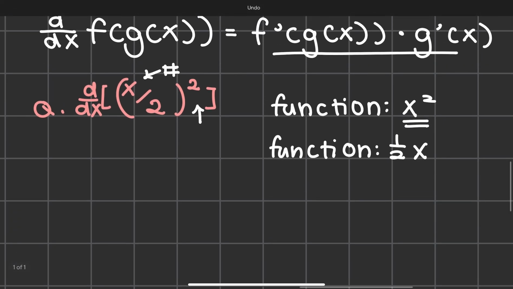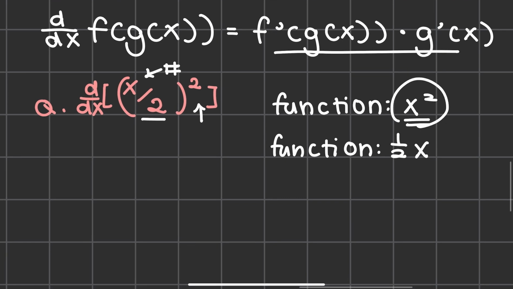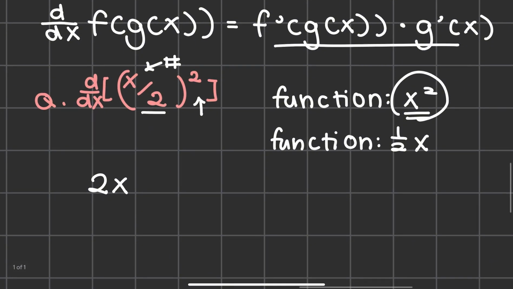So here, let's do this again. Assuming that x over 2 is a singular entity, how do we derive x squared by power rule? Simple. It's just 2x. But right here, this is not just x anymore. This is this value, because that's what we're substituting to be x. In this case, we just need to substitute it back in to be x over 2.